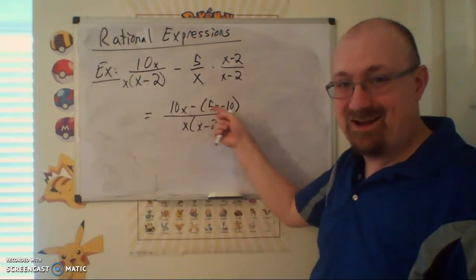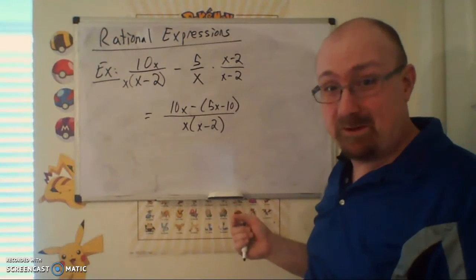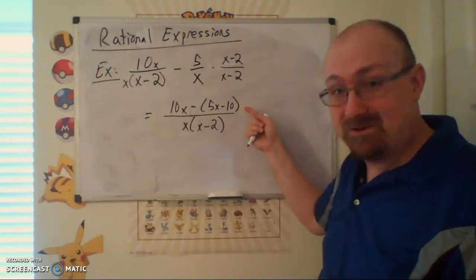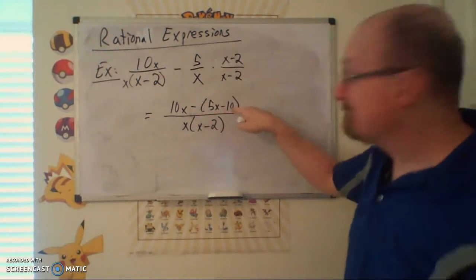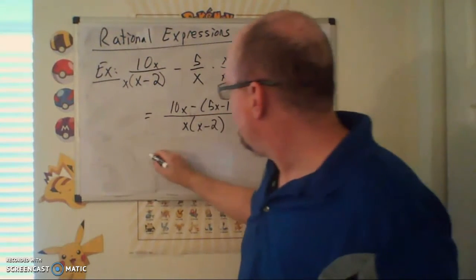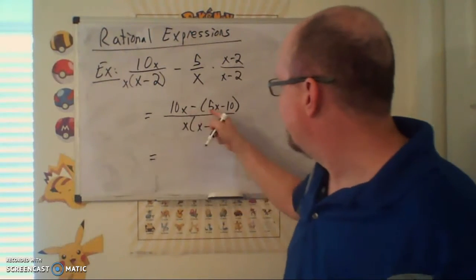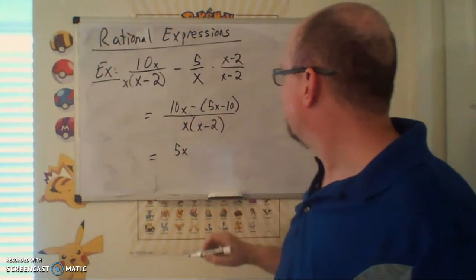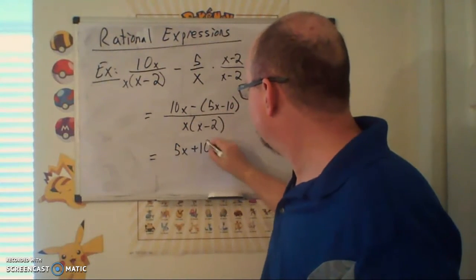Note the minus sign and these parentheses. That's important because to do the arithmetic properly, I have to distribute the negative sign through here. So this is going to be minus 5x plus 10. Combining like terms, 10x minus 5x gives me 5x, minus a negative 10, like we said, is plus 10.